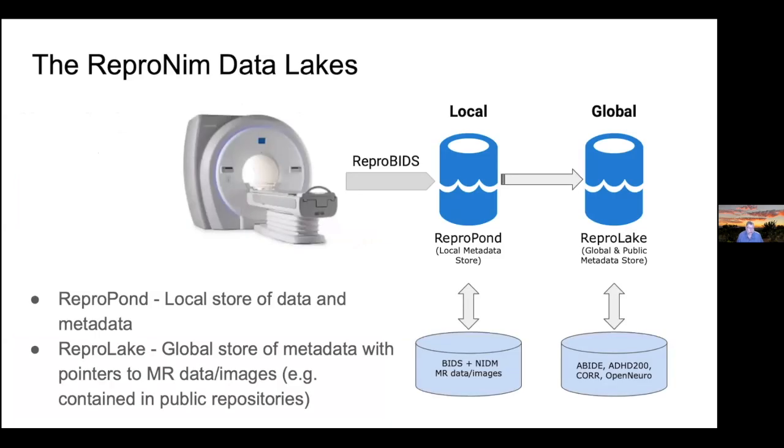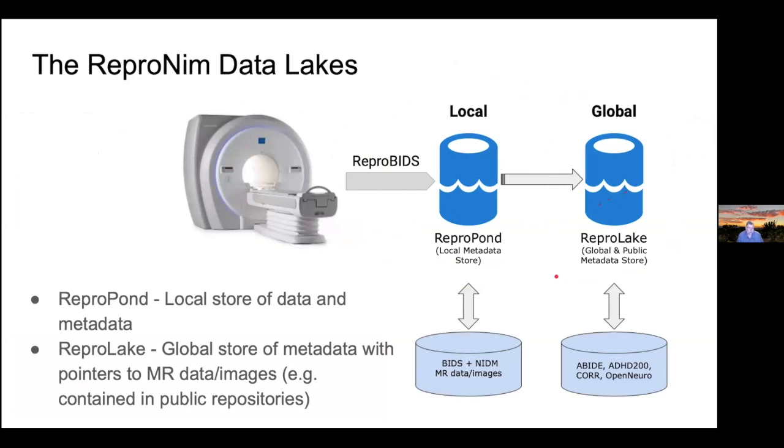So now that we have this concept of a local ReproPond, what happens at the ReproLake? Again, at the beginning of the presentation, the ReproPond itself was your local metadata store, whereas the ReproLake is this global and public metadata store.